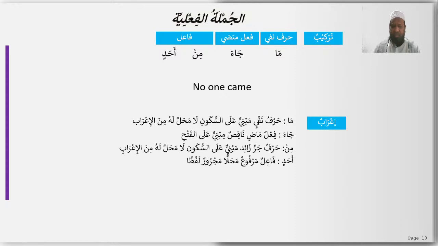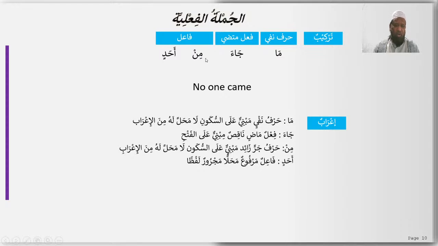أحد, it is فاعل مرفوع محلا مجرور لفظا, and we did learn what محلا and لفظا mean. Mahallan means the slot the word is in, and it has the kasra because of harf jar.